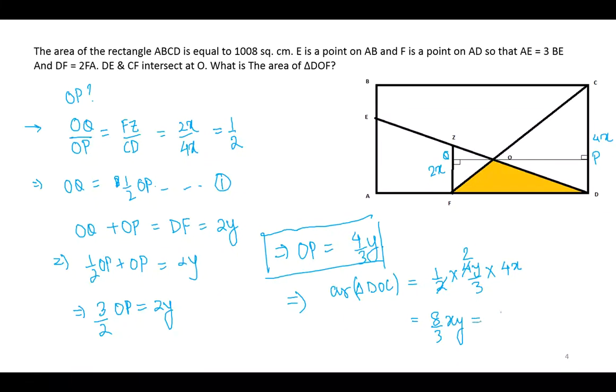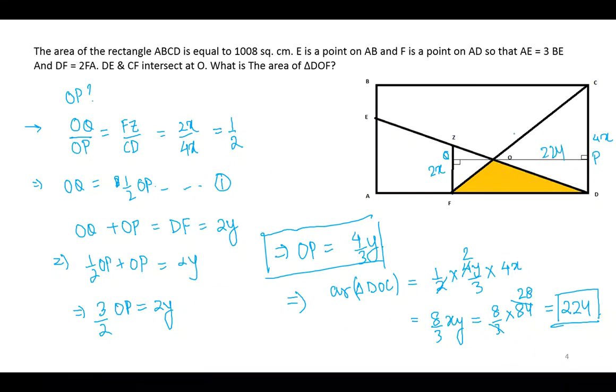Now we know that xy is nothing but 84, and if we cancel out we get 28. So if I multiply 8 with 28, I'm going to get 224. Now this area is 224.